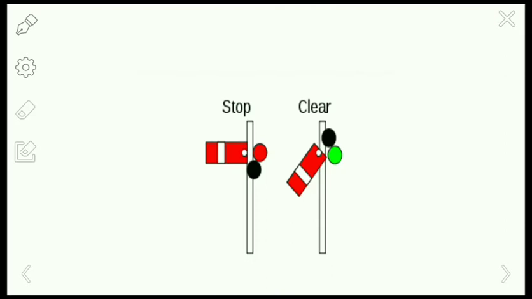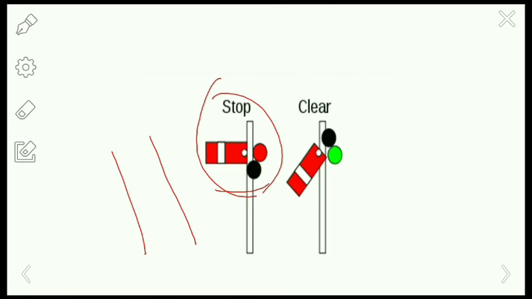Suppose there is a railway track here, only one train is allowed to pass. If more than one train is on the track, there will be a collision, right? So if another train is accessing this particular track, it will be indicated by a stop signal.